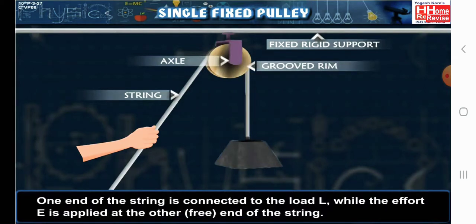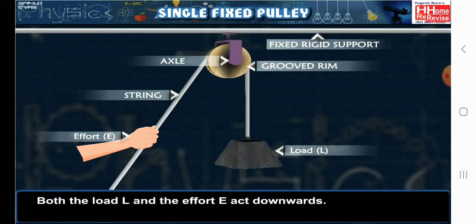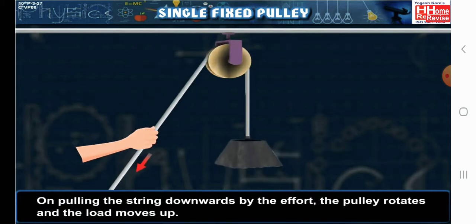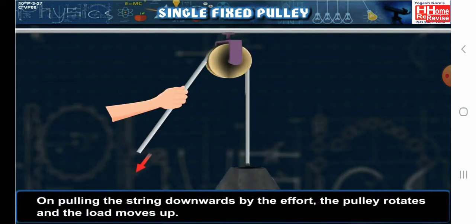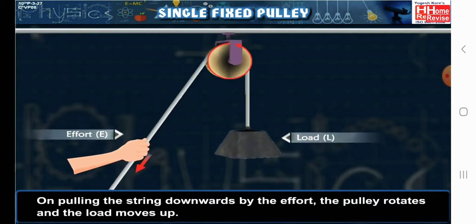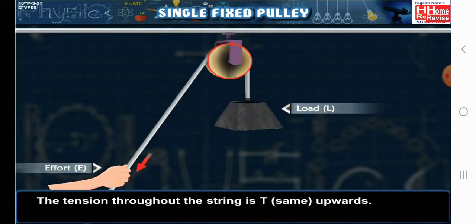One end of the string is connected to the load L, while the effort E is applied at the other, free end of the string. Both the load L and the effort E act downwards. On pulling the string downwards by the effort, the pulley rotates and the load moves up. The tension throughout the string is T, the same, upwards.